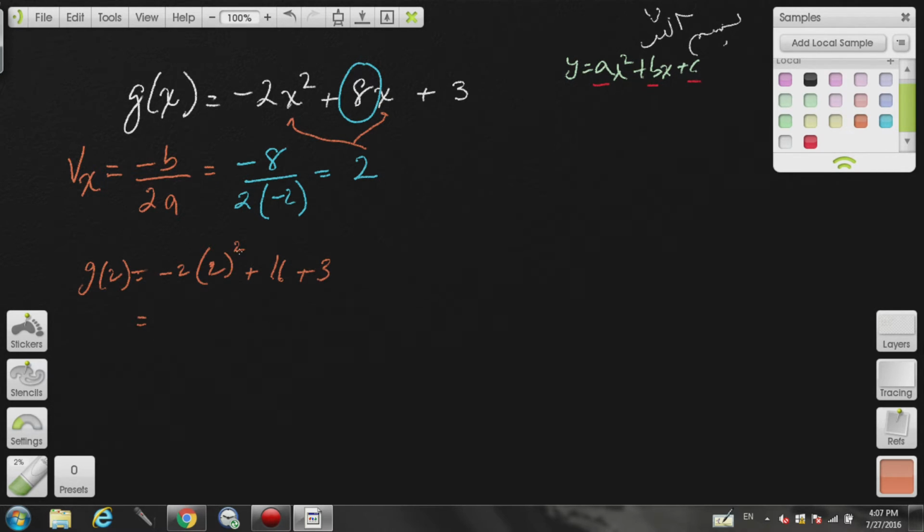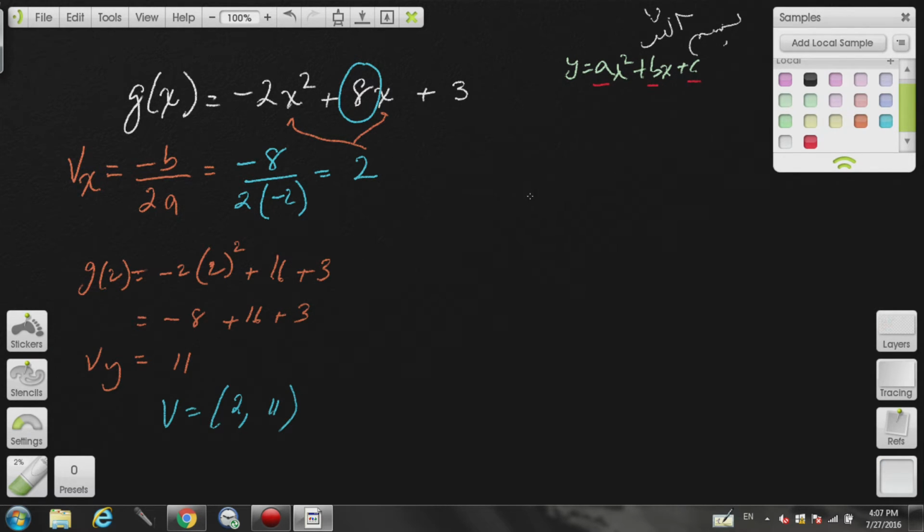So that's 4, right? 4 times 2 is negative 8 plus 16 plus 3. That's 8. That's 11. So that's the Vy. So the vertex, therefore, is (2, 11).